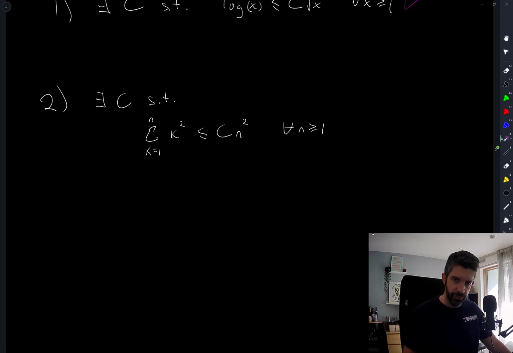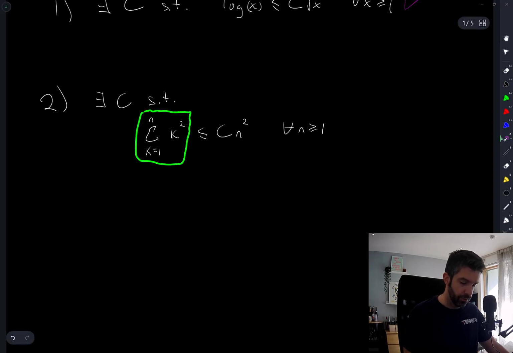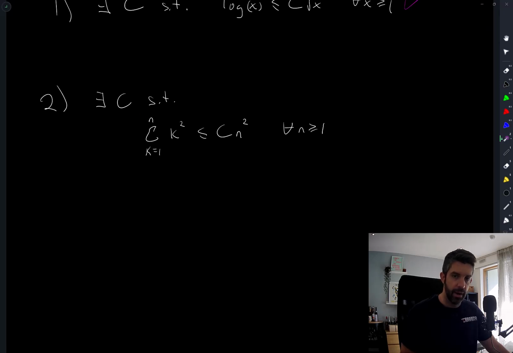I don't know what this is in closed form, but I know that you can derive it, and I know that it's cubic with respect to n. This whole thing has a cubic dependence on n as it grows, and the right-hand side, of course, is quadratic. And so no matter what fixed constant you put here, for large enough values of n, this will be bigger than this. So that one is false.